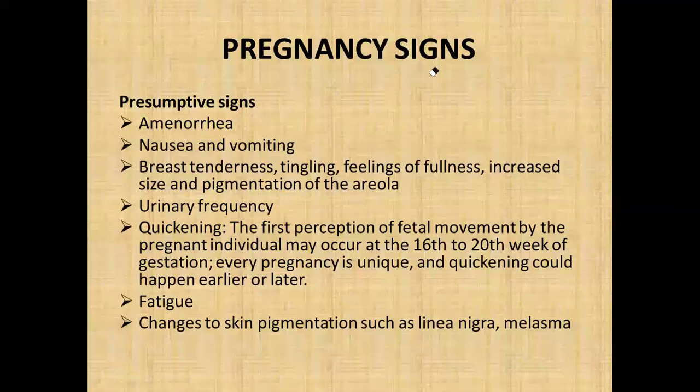This is dependent on the nature of the pregnancy. For instance, if the person has gotten pregnant before, the person is multiparous. When we say multiparous, it means the person has had multiple pregnancies, right? And so those individuals tend to experience quickening early, around 16 weeks of gestation.